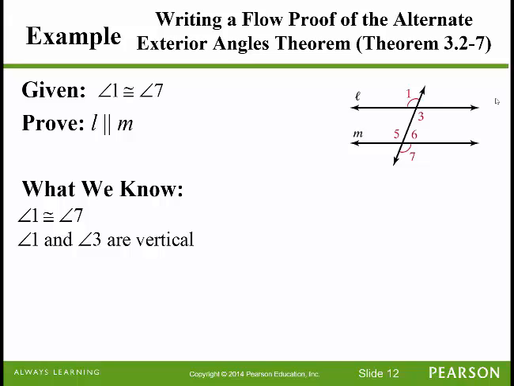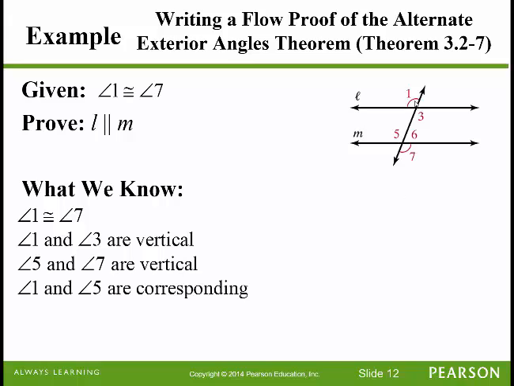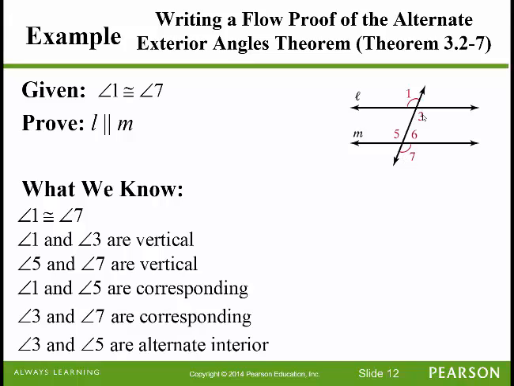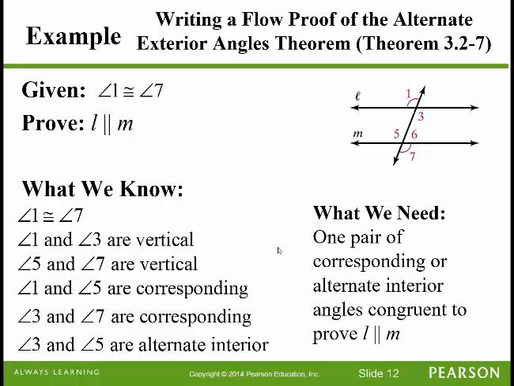Also, angles 1 and 3 are vertical angles, because they're angles formed by two lines that cross each other. Angles 5 and 7 are vertical angles. Angles 1 and 5 are corresponding angles. Angles 3 and 7 are corresponding angles. Angles 3 and 5 are alternating interior angles here. This is what we know.